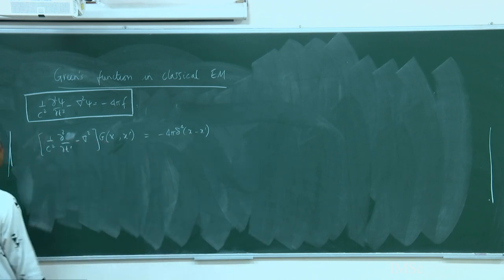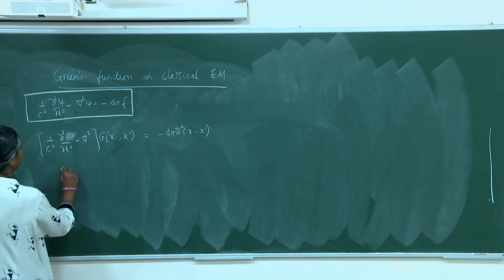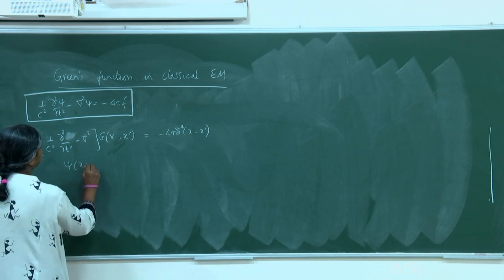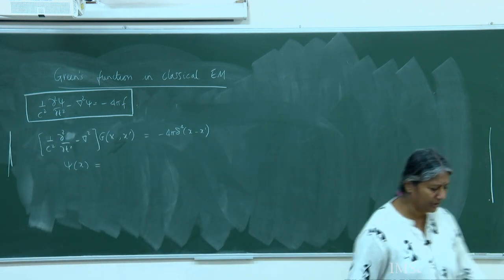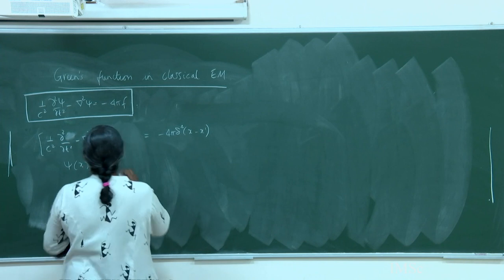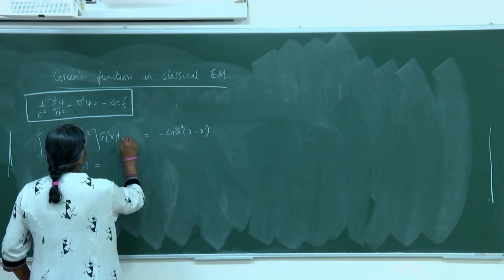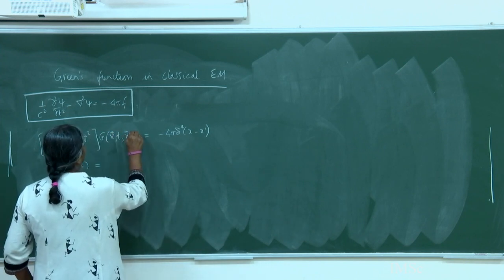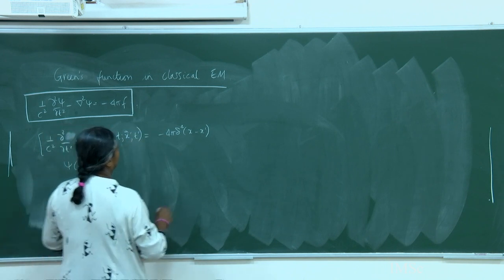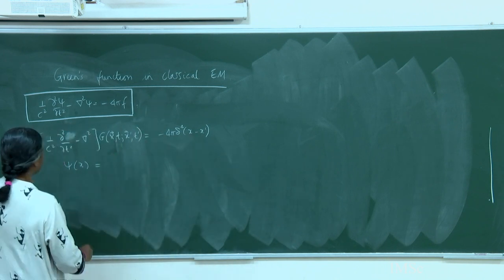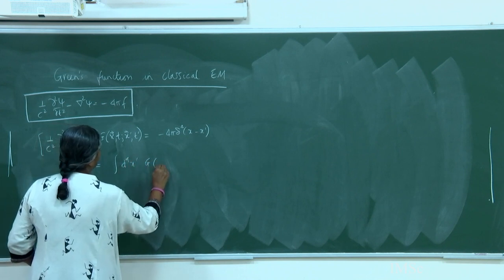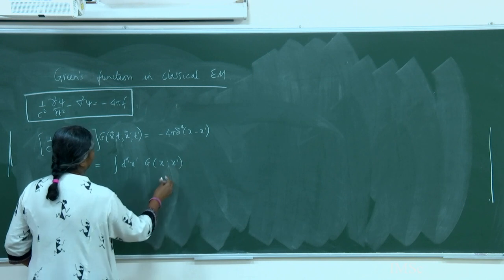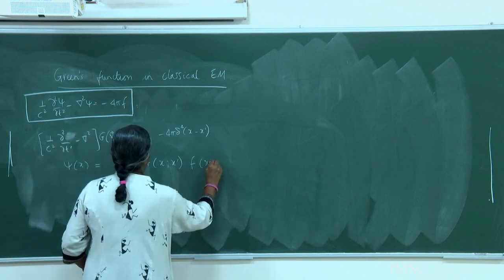So what does this mean? This is my homogeneous differential equation. So what is psi going to be? Psi of x. I will put in the t's because here it is important to see the t. On this side I have put the t's, okay. So psi of x is equal to the integral d^4x' g(x, x') f(x').